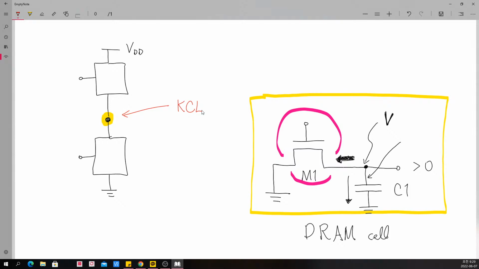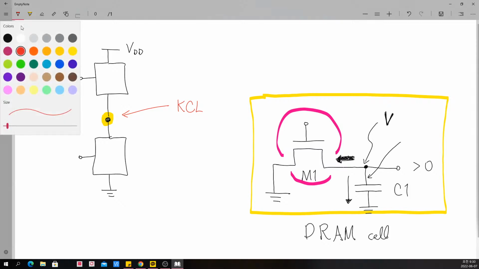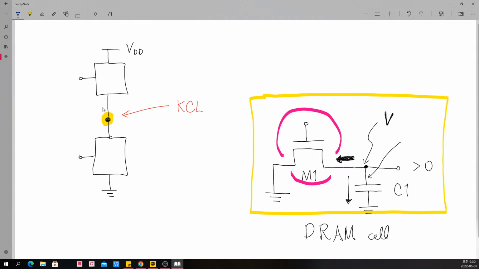So when we write down the branch currents in a unified manner, the sum of branch currents should be 0. That is the KCL. So please note that in our field, usually we take the convention for our terminal currents like this.